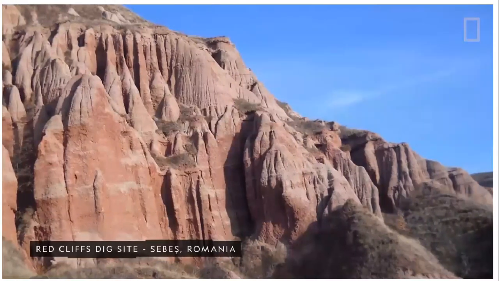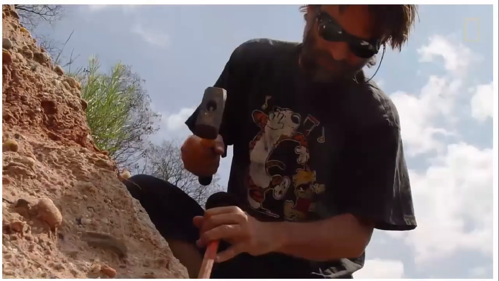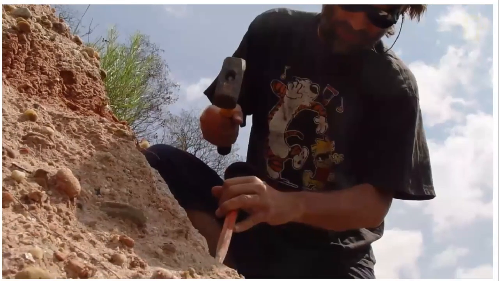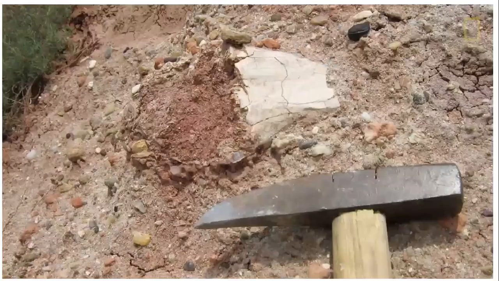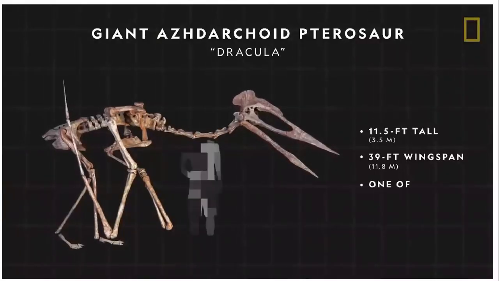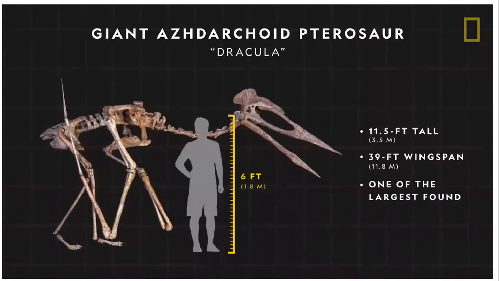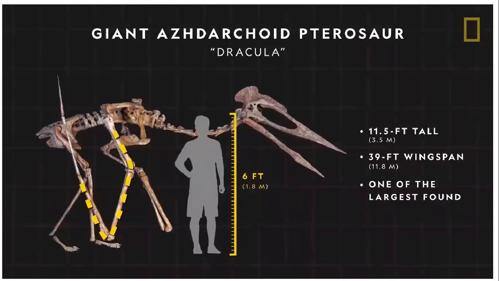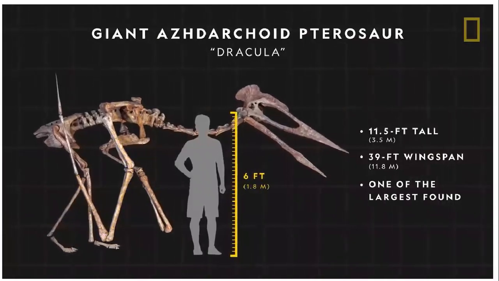But not all pterosaurs could fly. In 2009, paleontologists found an enormous specimen in Transylvania that they nicknamed Dracula. At 11.5 feet tall, with a wingspan of 39 feet, it's one of the largest pterosaurs ever found. But the shape of its shoulders and wings suggests it probably couldn't get off the ground.